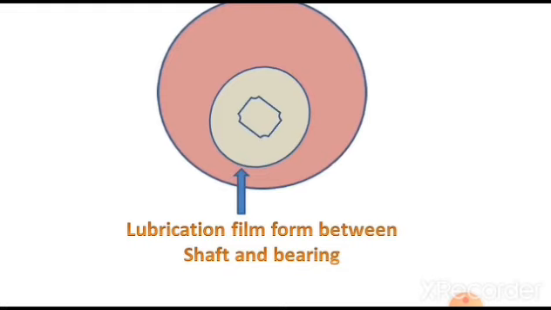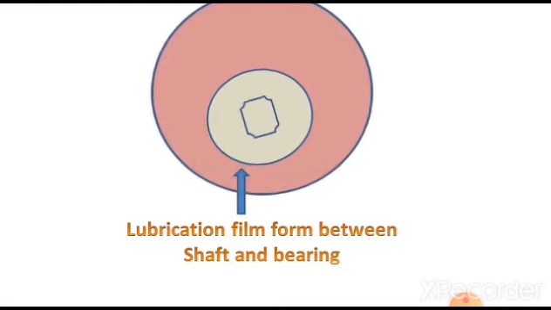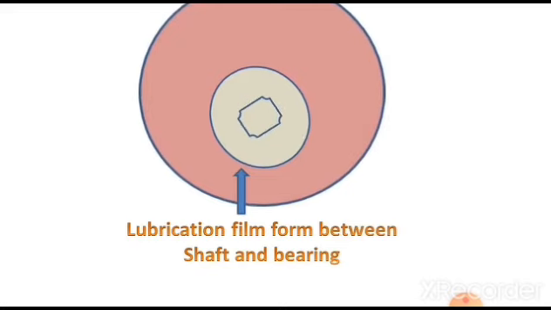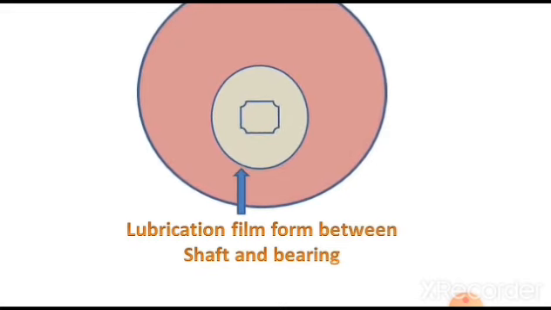This film creates smooth working of the shaft. As we increase the speed of the shaft, this oil film forms between the shaft and bearing. This is the action of the hydrodynamic bearing, and this is the film between shaft and bearing. This film is created by the rotation of the shaft. So this is the process of the hydrodynamic bearing. Thank you.